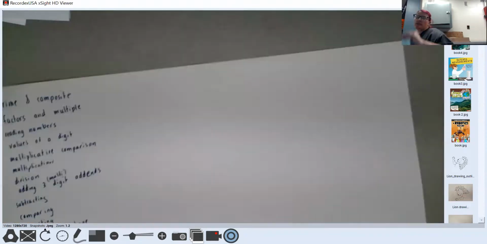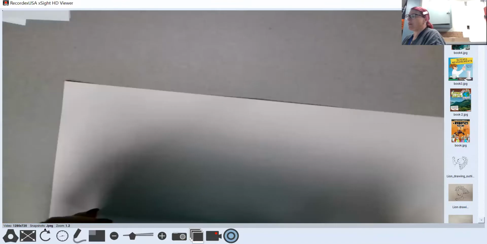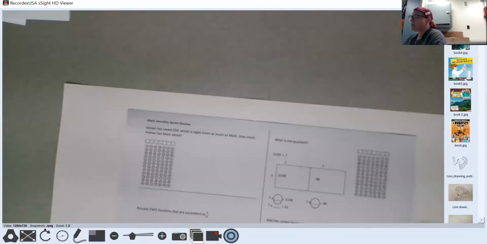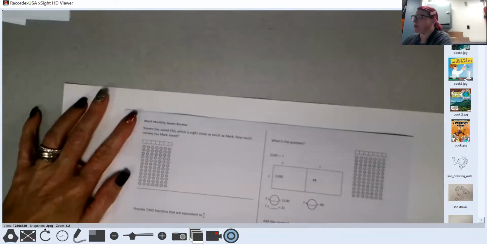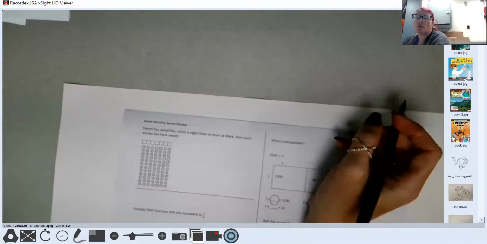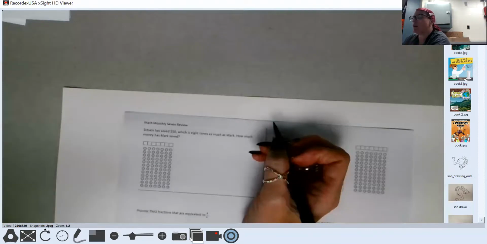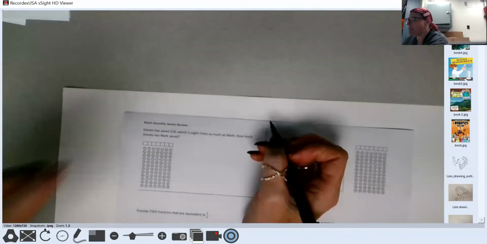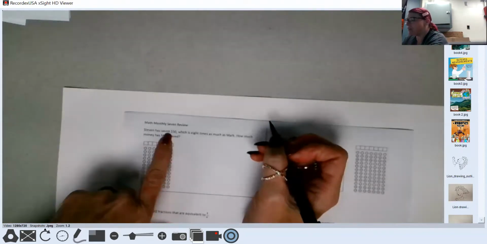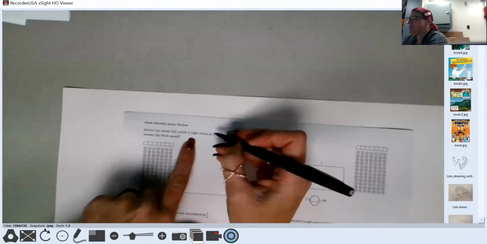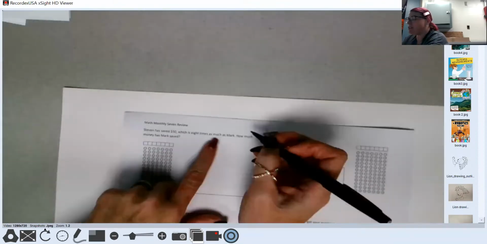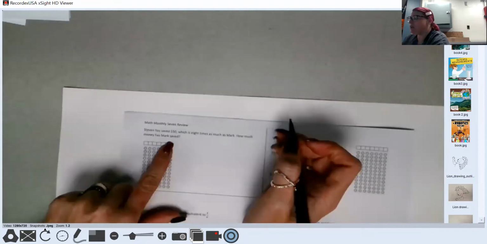So I am going to go over a review that was made, and we're going to talk about some tips with regard to solving these. So the first thing I do is comprehend what I'm reading before I even worry about the numbers. Stephen has saved some money, which is, and this I do need to know, 8 times as much as Mark. How much money did Mark save?